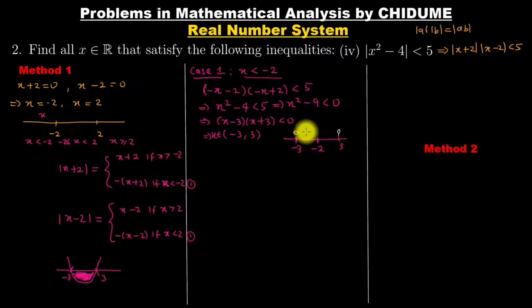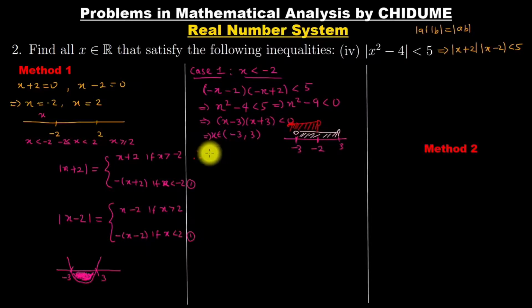So we have this graph joining together. From the first condition, we have x strictly less than -2, so we have this interval here. If you look at the intersection of these graphs, where do they intersect? So the solution set is what?